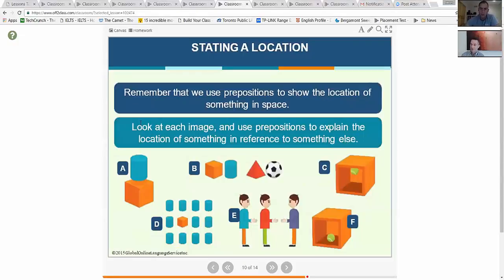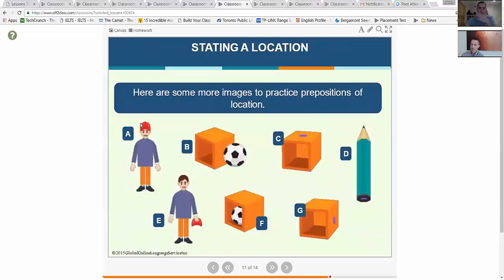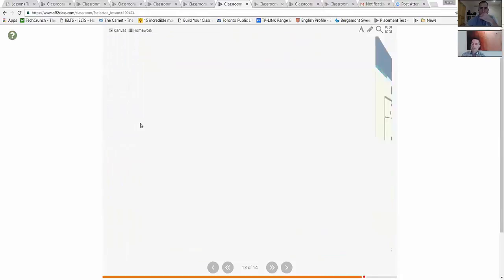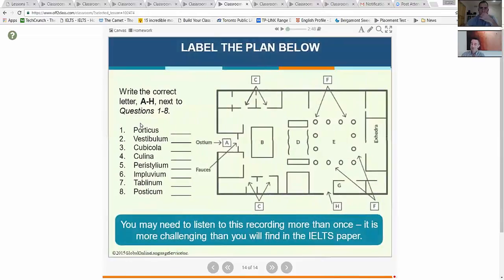Again, making sure the prepositions are covered, you can find a lot of stuff on the net, but we've got some nice diagrams here for practicing those prepositions of place. And then finally, I'll have something that is extremely challenging, even for English teachers, but it really allows students to listen for specific information. In fact, this one is a plan of a Roman villa. All of the terms that they must find are in Latin.